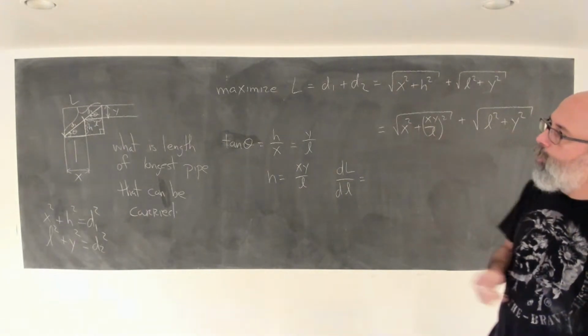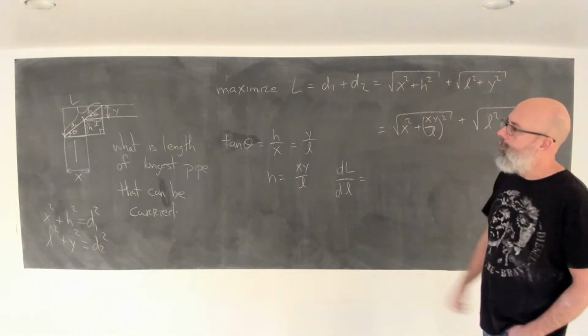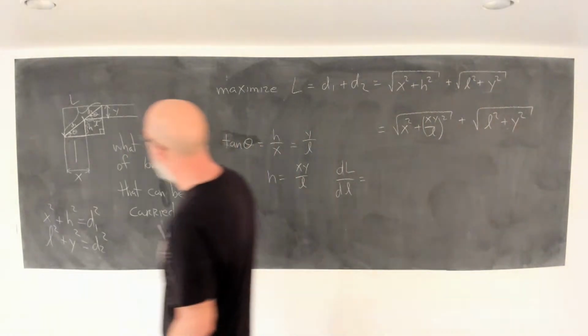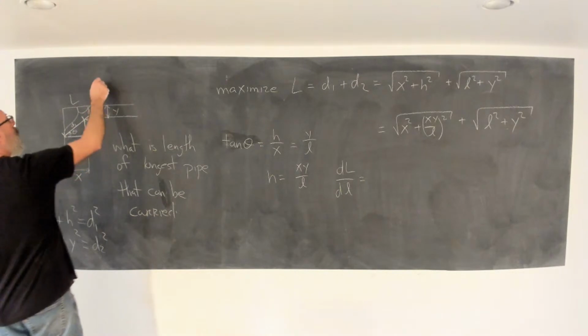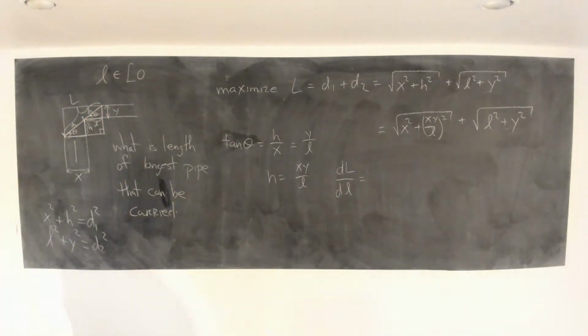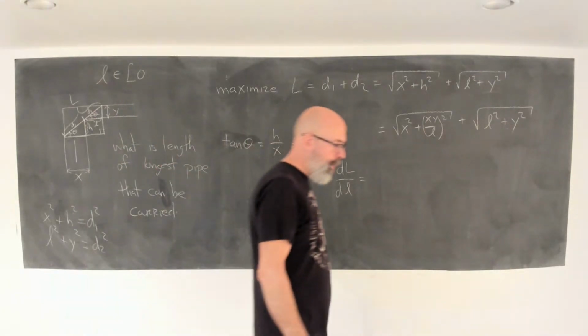Maybe we want to discuss a domain for little l here. Obviously, being a physical problem, we don't want negative lengths. So L should be at least 0. In fact, some of you are going to want to use an open interval, not including 0.